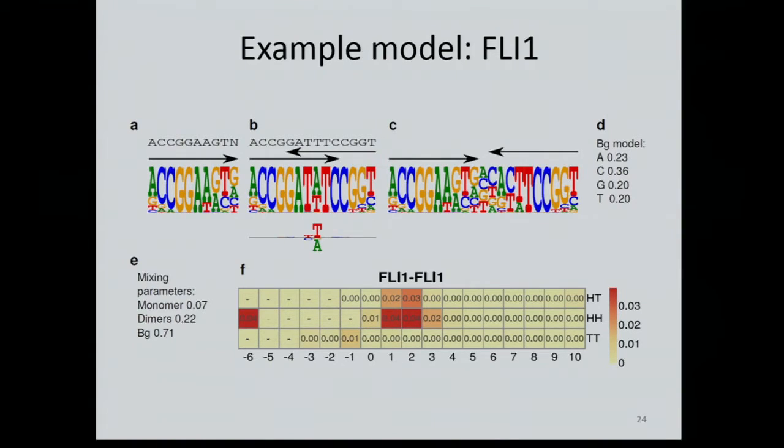So for example, here we have a mixing parameter value of 0.04 for a dimer that is head-to-head type and has spacing 1. And this particular dimer is illustrated here.